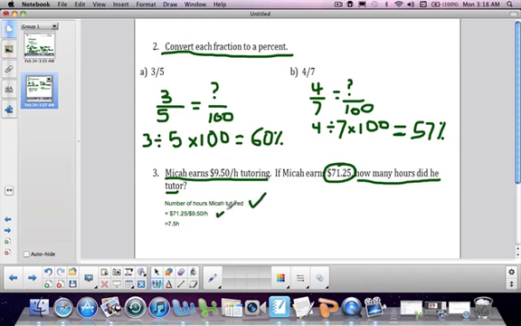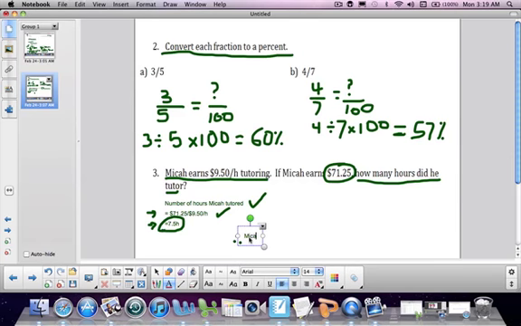We've shown what we punch into the calculator, $71.25 divided by $9.50. We've got the correct answer with units. We have one equal sign below the next, just proper math format. We might include a therefore statement. So therefore, Mika worked 7.5 hours as a tutor.